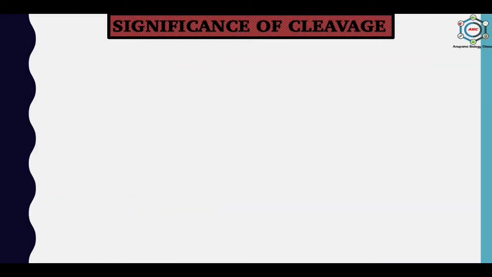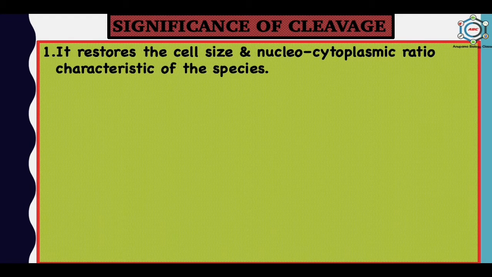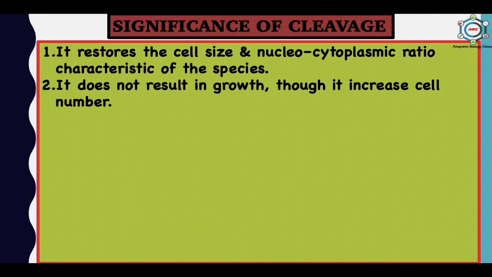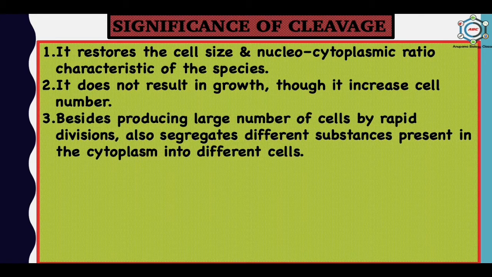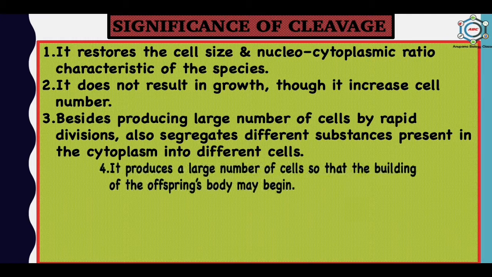Now, the significance of cleavage. It restores the cell size and nucleocytoplasmic ratio characteristic of the species. It doesn't result in growth, though it increases cell number. Besides producing a large number of cells by rapid divisions, it also segregates different substances present in the cytoplasm into different cells.